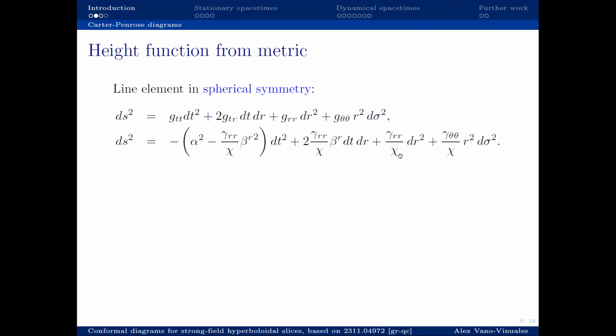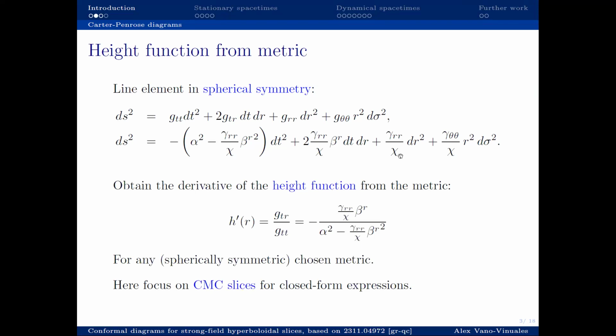Just the components. And one way of actually finding this height function is that changing the time coordinate in the line element allows us to relate the metric components to the derivative of the height function. So if we choose the first choice, it would have just g_tr over g_tt, and the other one is going to be a bit more complicated expression, but this is exactly equivalent.